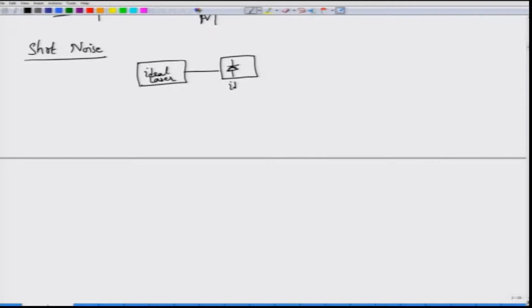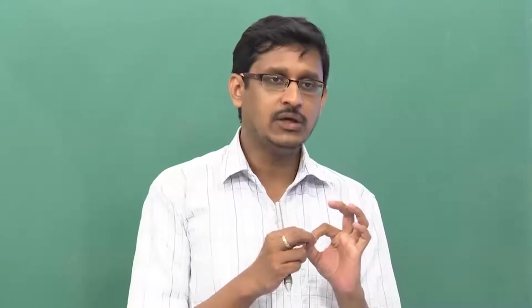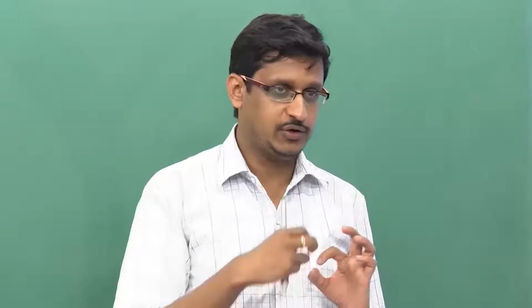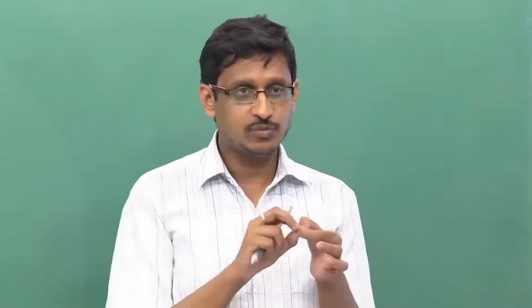This photodetector simply responds by generating one electron-hole pair whenever it absorbs one photon. Now, if you keep the photon flux at a constant value, like a continuous wave power, you expect the current also to be just a continuous line. It is like a DC input and a DC output is what you expect, right.